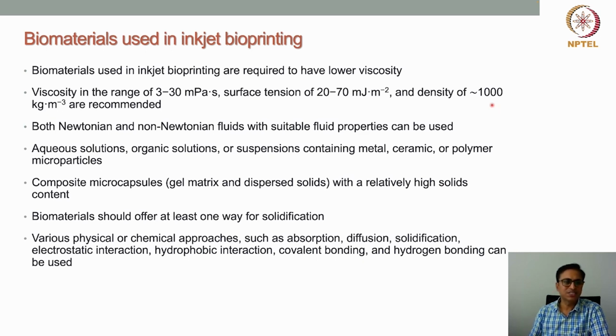So these are the recommended values for a biomaterial formulation or pharmaceutical formulation to be used for inkjet 3D printing technology. But inkjet printing is a quite versatile technology. Both Newtonian and non-Newtonian fluids, with suitable fluid properties, can be used.